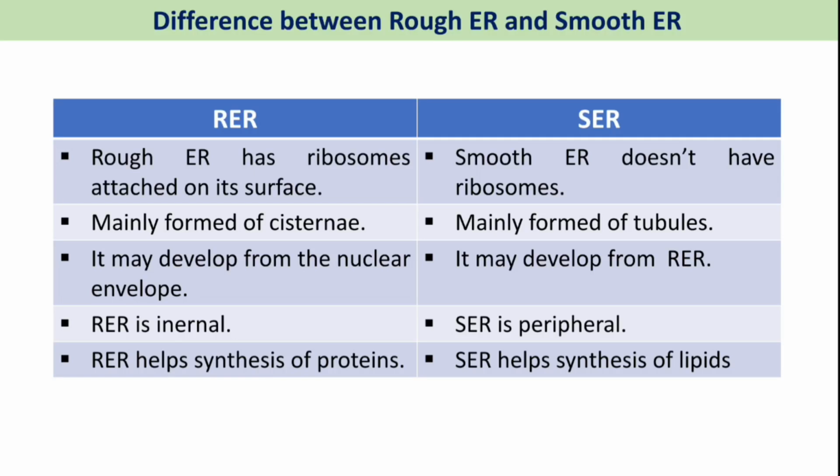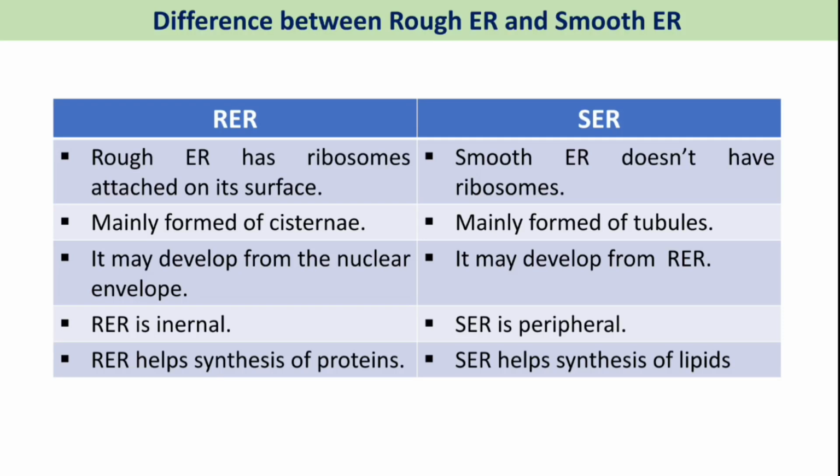And next, the rough endoplasmic reticulum helps synthesis of proteins, while the smooth endoplasmic reticulum helps synthesis of lipids. So these are the basic differences between rough and smooth endoplasmic reticulum.